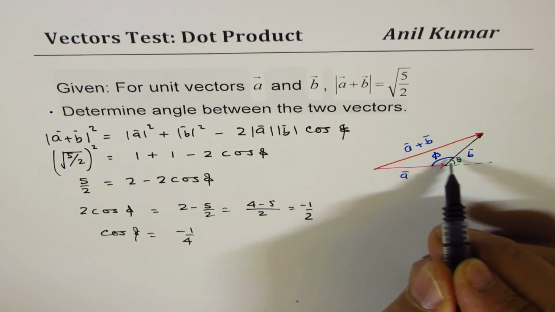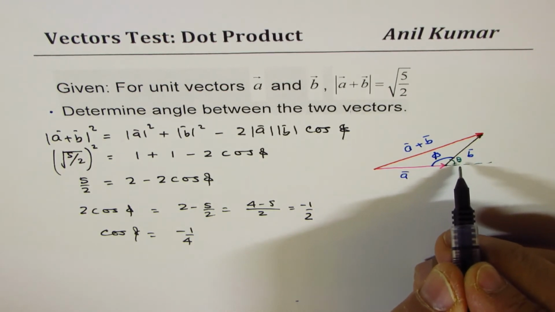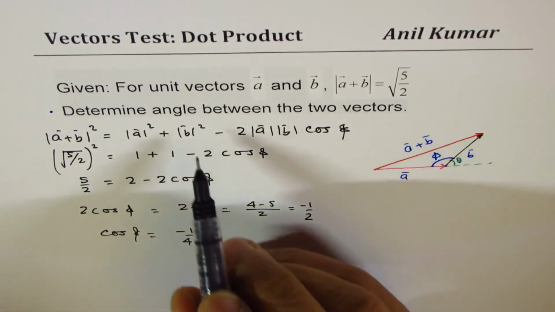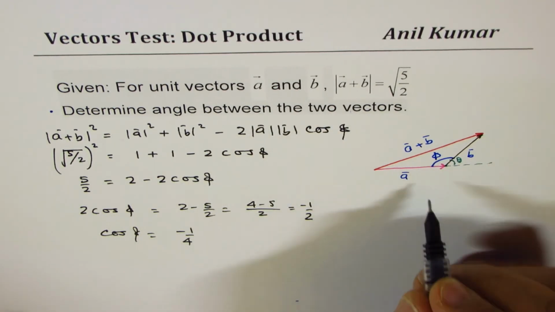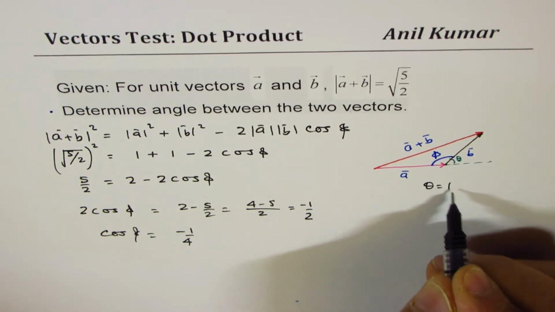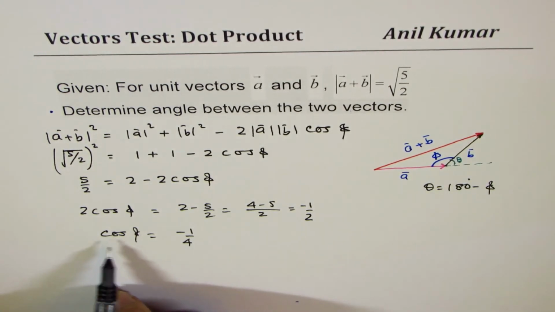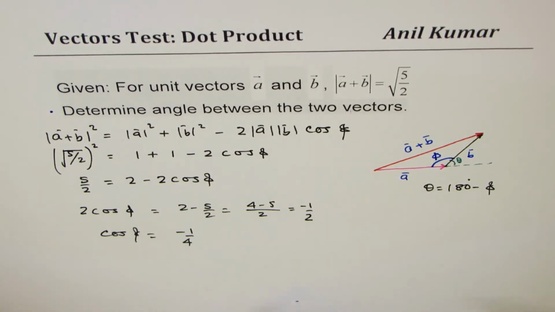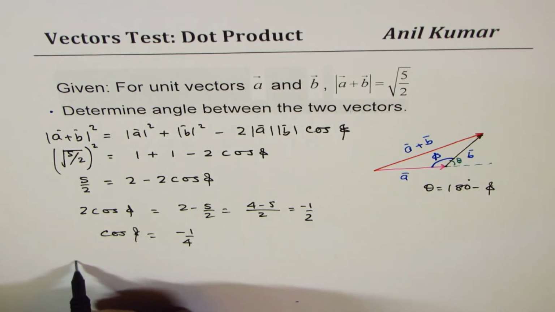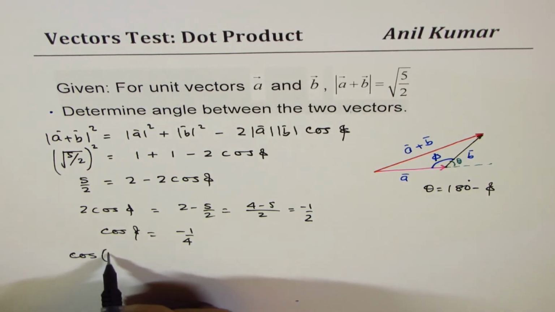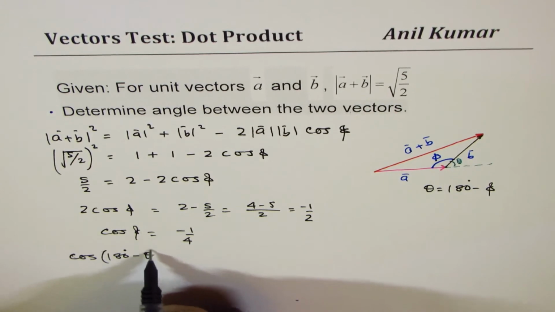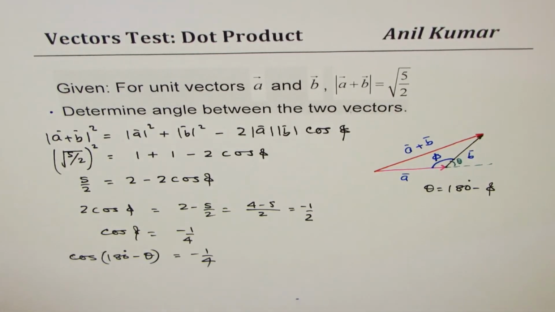If you want to write this phi in terms of theta, we have to find the angle between the two vectors, which is theta, right? So theta is equal to 180 degrees minus phi. Do you see that? So we can write cos of 180 degrees minus theta is equal to minus 1 over 4.